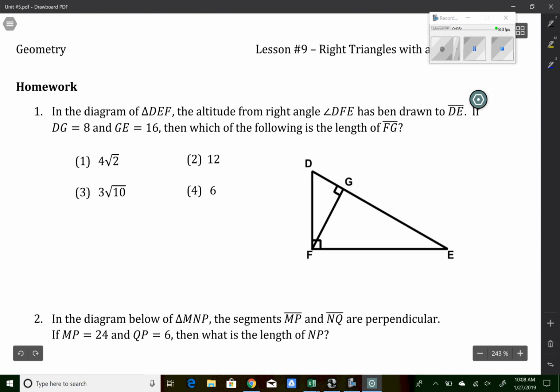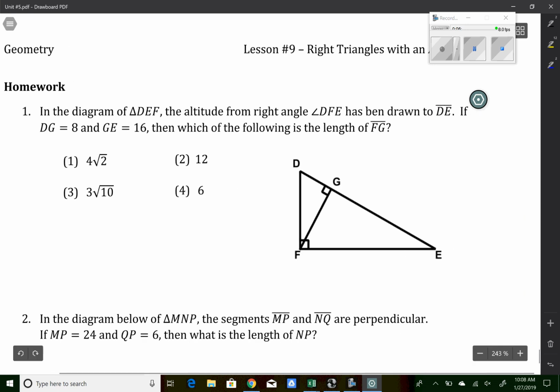Moving on to your homework assignment. So it says in the diagram of triangle DEF, the altitude is drawn. It says DG is 8, and it says GE is 16. And then which would the following be for the length of FG? So I'm going to put X there since I don't know that.